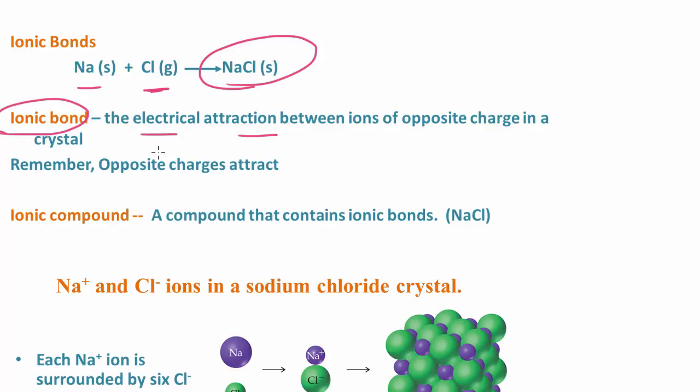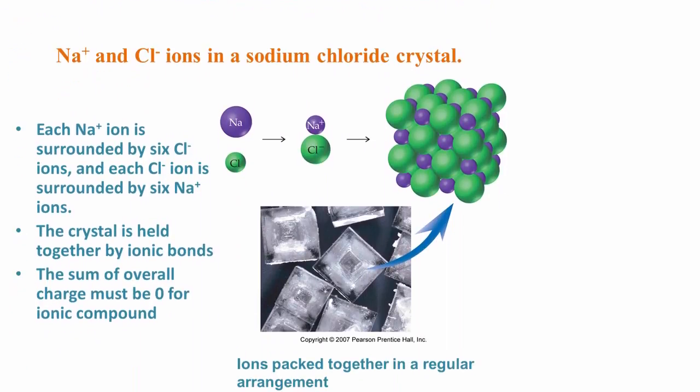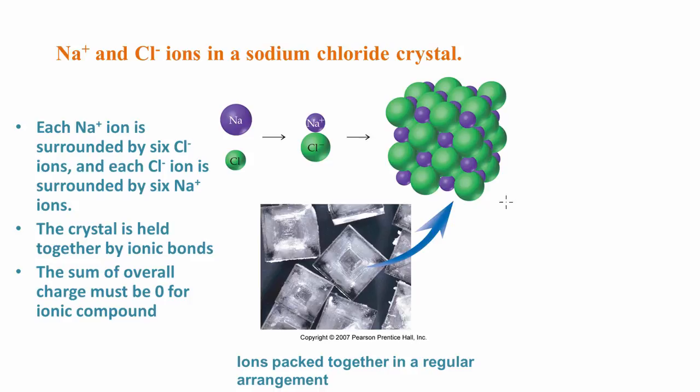We'll talk about the crystal thing in a minute. So we know that opposites attract. So those are some very strong attractions between positive and negative ions. Let's take a look. Sodium chloride is actually in the form of crystals.